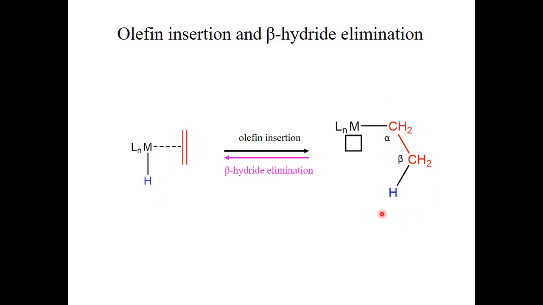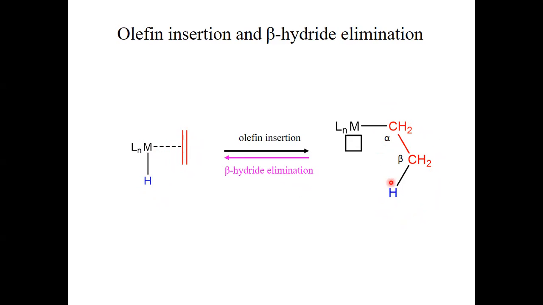The reverse reaction is called the beta-hydride elimination, because a beta hydrogen is being eliminated from the alkyl group.